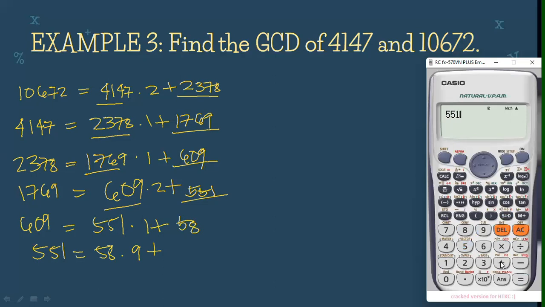So, 551 minus the answer is equal to 29. So, we will write here 29. So, 58 and 29 naman po yung gagamitin natin is equal to 58 divided by 29, that is 2. So, eksakto po siya. So, meaning to say, ang remainder po natin is 0. So, we will have here 2 plus 0.